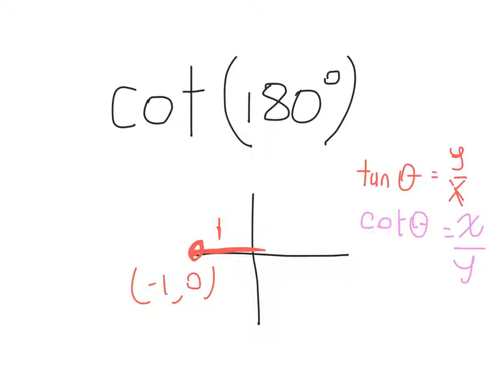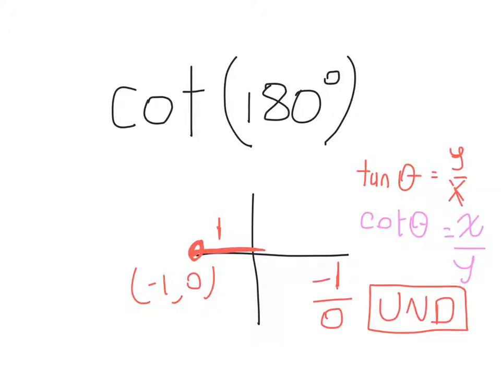And since I know tangent of theta is y divided by x, cotangent of theta will be its reciprocal, x divided by y. Therefore, the cotangent of 180 degrees would be found by dividing -1 by 0, but since we're not allowed to divide by 0, this expression is undefined.